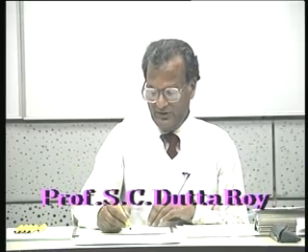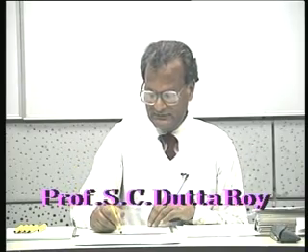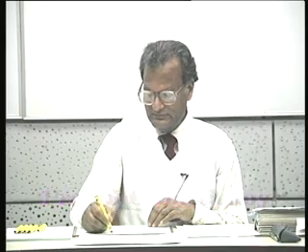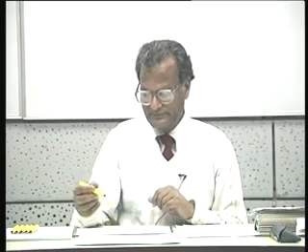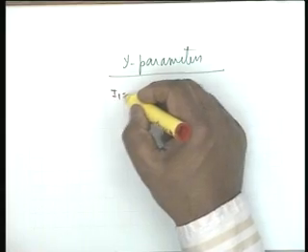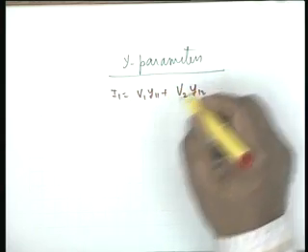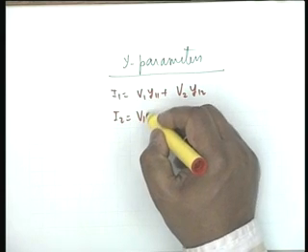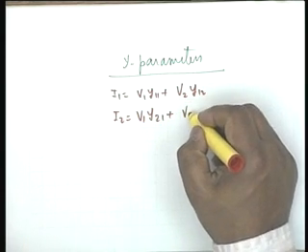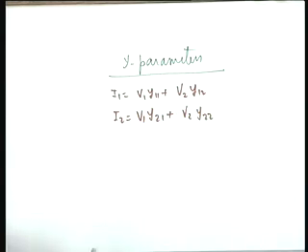We will do a little bit of recapitulation first. If you recall the Y parameters of the two port, the defining equations are I1 equal to V1 Y11 plus V2 Y12, I2 equal to V1 Y21 plus V2 Y22.